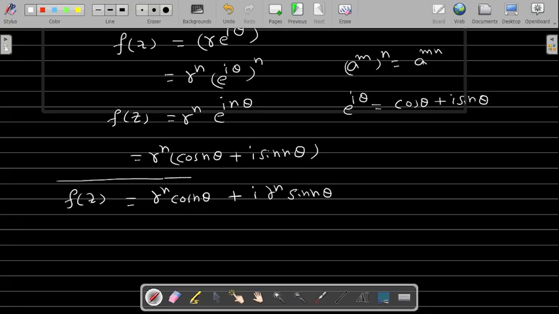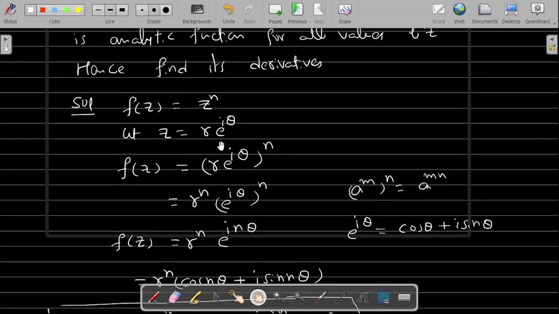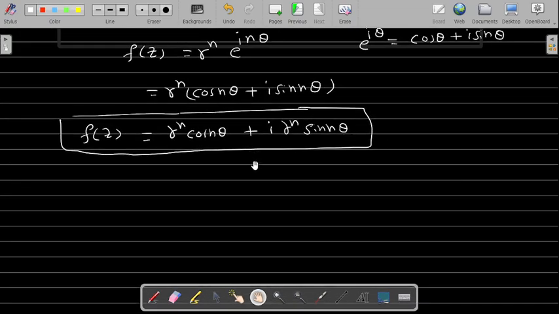Here given f of z is z power n, and we have converted this z power n into polar form. Now compare with f of z equal to u plus iv.